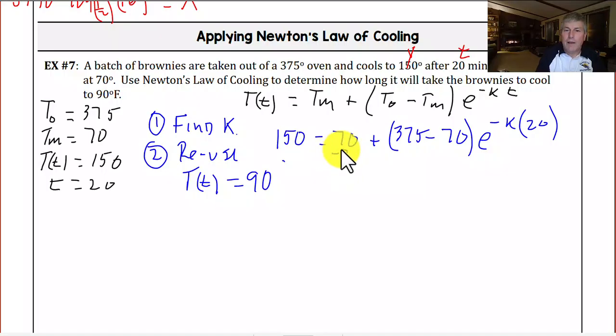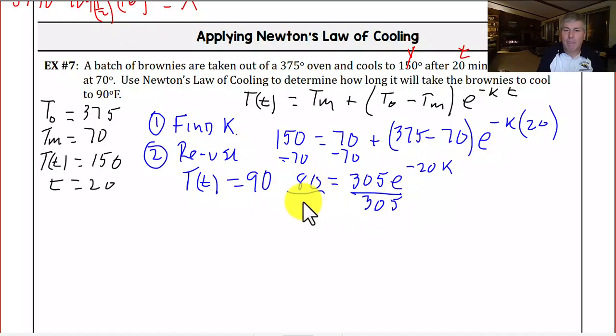So I'm going to subtract 70 from both sides, and I get 80 equals 305 e raised to the negative 20k. Divide both sides by 305, and I get 80 over 305 equals e to the negative 20k.